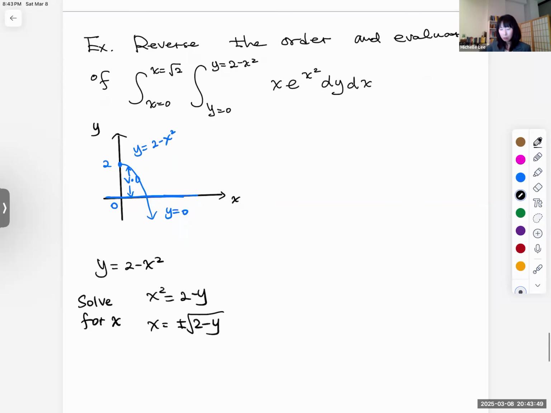Now we take only the positive because it's quadrant 1.